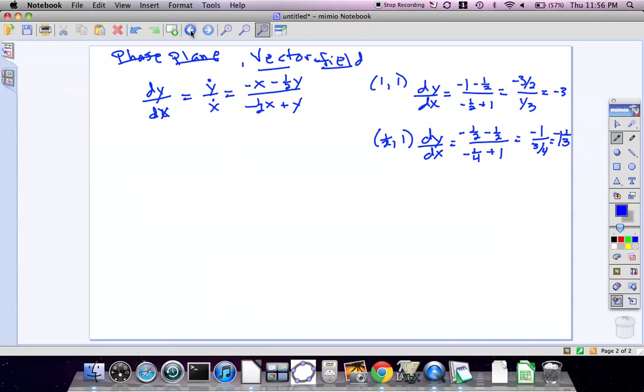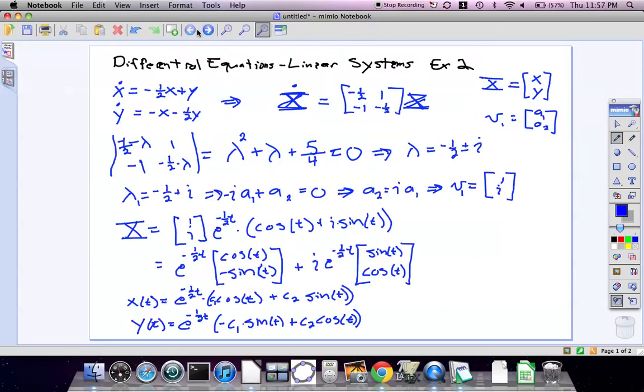Looking at the solutions, and again, we could calculate points all day, but it's kind of nice with technology today. We can use a program to generate that pretty quick. The solution down here tells me a couple of things. Cosine plus sine parametrically is going to give me something circular or ellipse-like, and the e to the negative 1/2 t is going to drive it to be smaller and smaller as t increases. So we're going to take ellipse-like paths, but as we make that ellipse, we're going to shrink our radius.